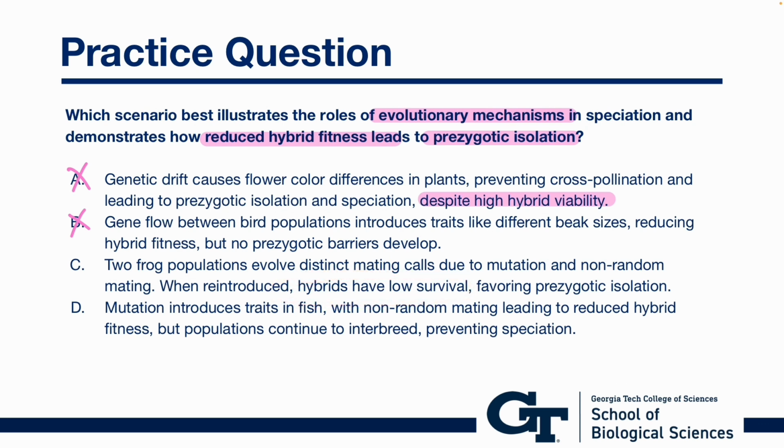That's called hybrid inviability, and we favor prezygotic isolation. Well, I think we found our answer here because we have a prezygotic isolating mechanism, the behavior, and we have hybrid inviability. Look at the last one, we have mutation, where non-random mating leads to reduced hybrid fitness, but we have continued interbreeding. So obviously that would not be it because we're still doing it. So the correct answer is C.